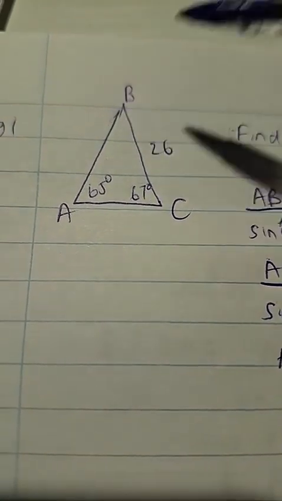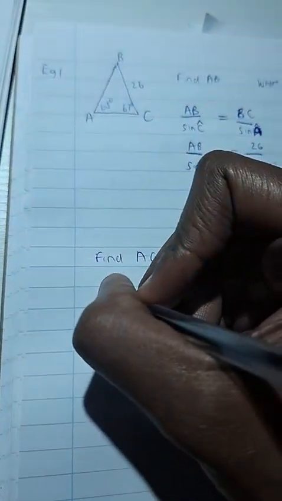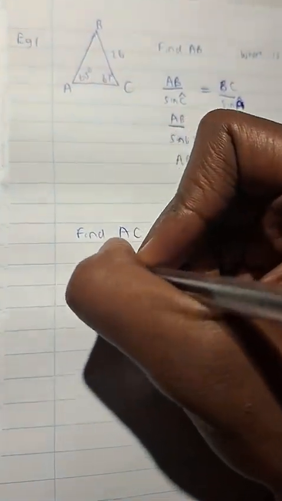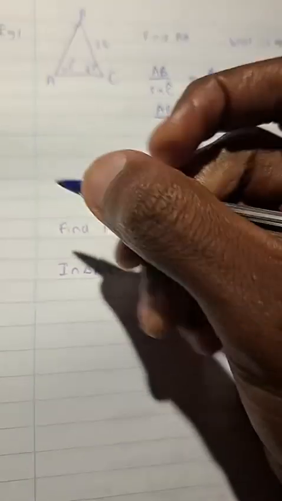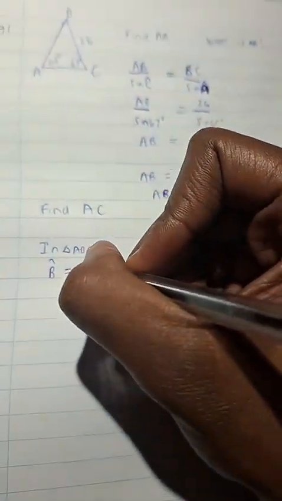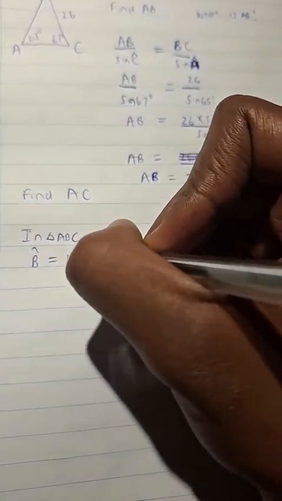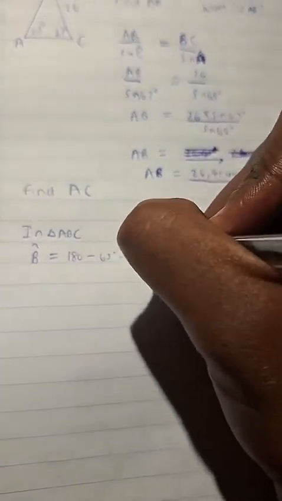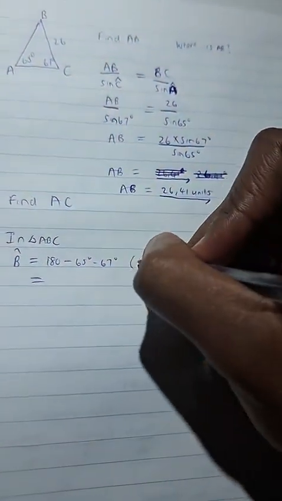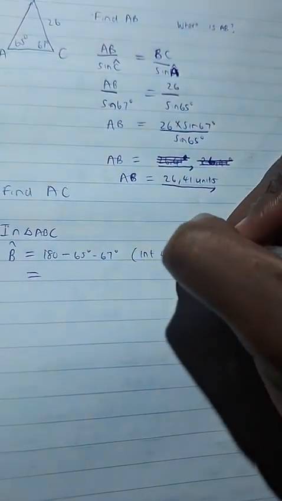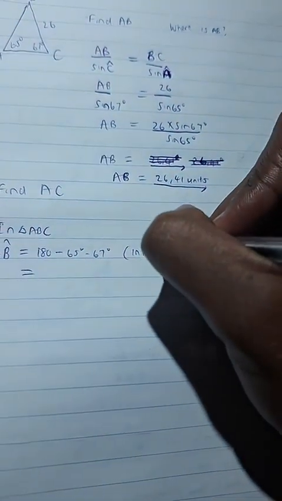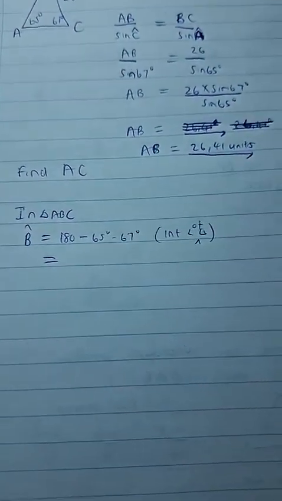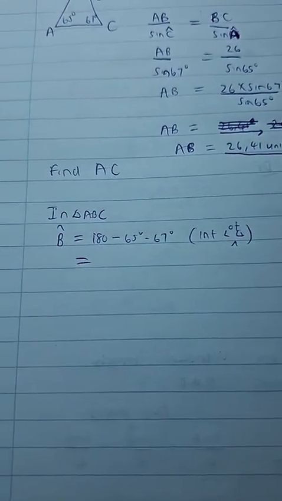Okay, so can we find what angle B is? Okay, so in triangle ABC, we can see that angle B is equal to what? It's going to be 180 minus 65 degrees minus the 67 degrees. Why? Interior angles of a triangle. Okay, yeah, angles in a triangle.